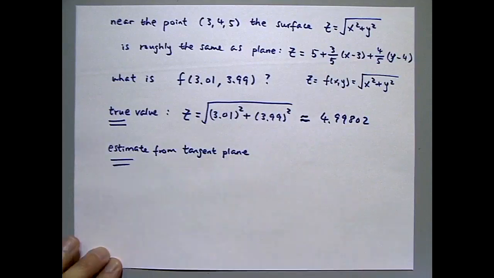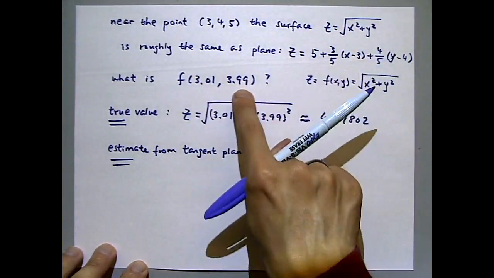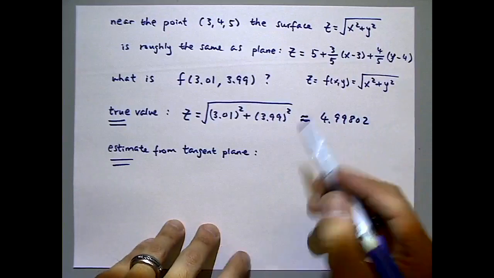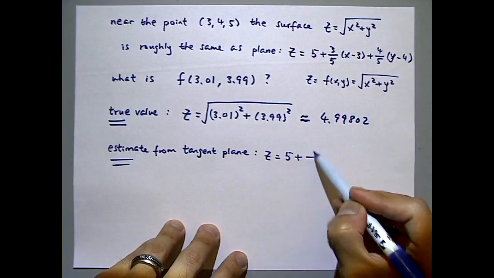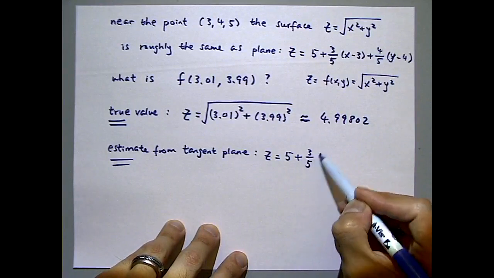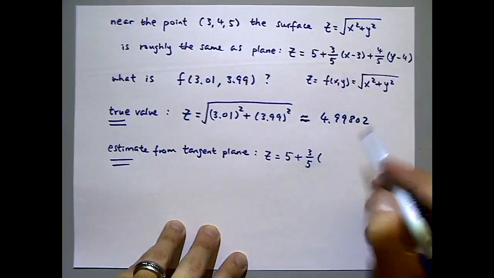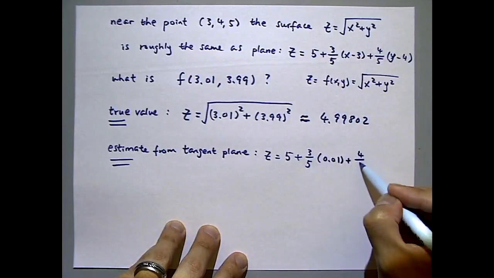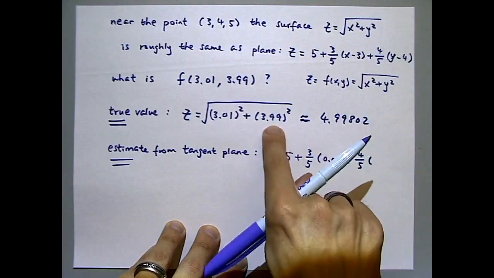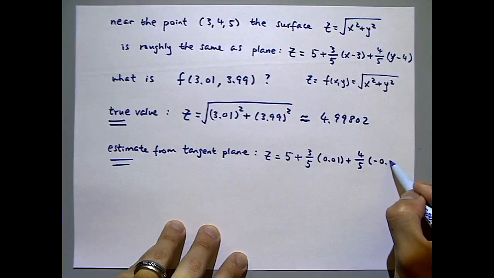The estimate from the tangent plane, we use this equation now with that x and that y. 5 plus 3 over 5 times 3.01 minus 3, which is 0.01, plus 4 over 5 times 3.99 minus 4, which is minus 0.01.